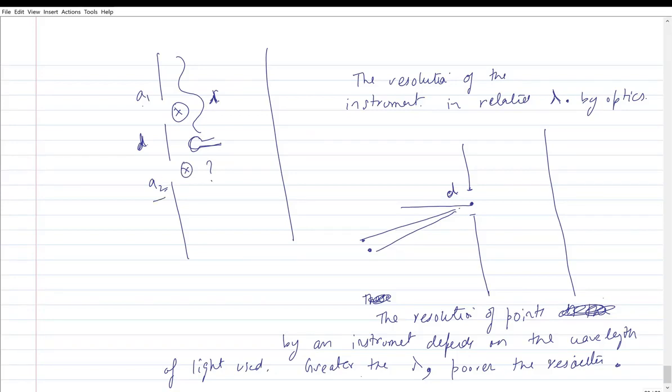So in the limit lambda goes to very large, I have no information. I have such a weak observation that I have no information which of the slits the electron took, and then I'll again have an interference pattern.